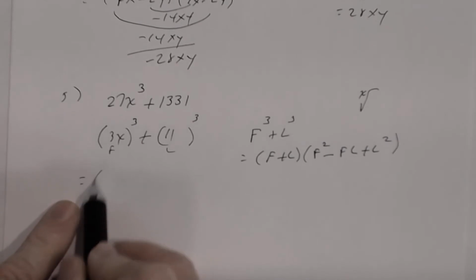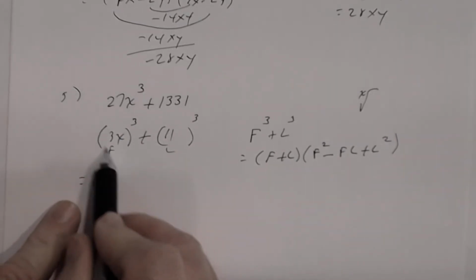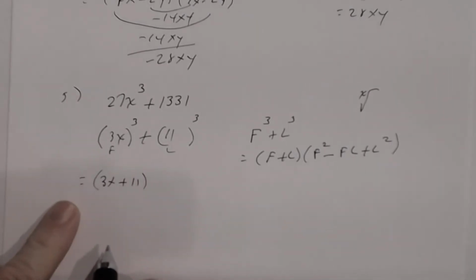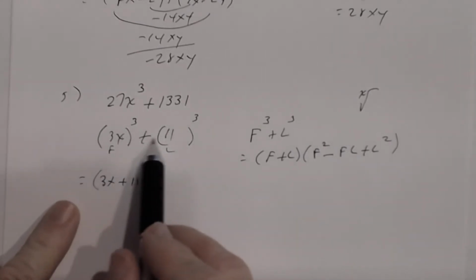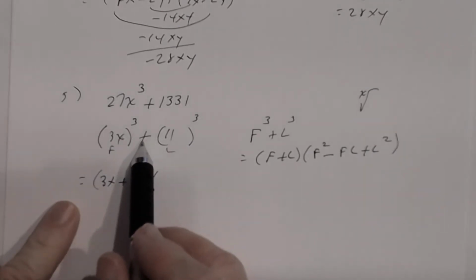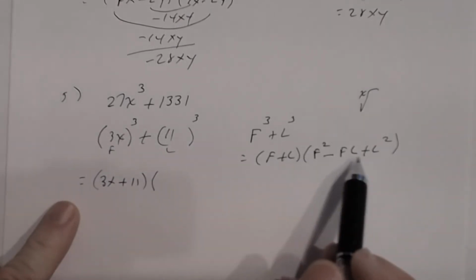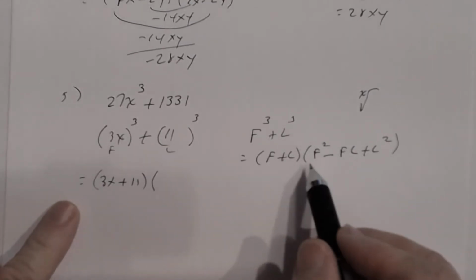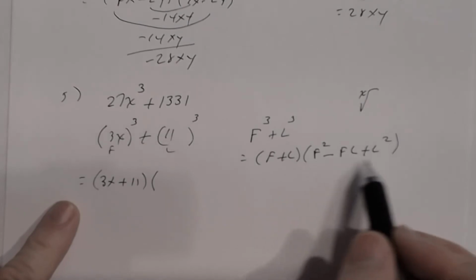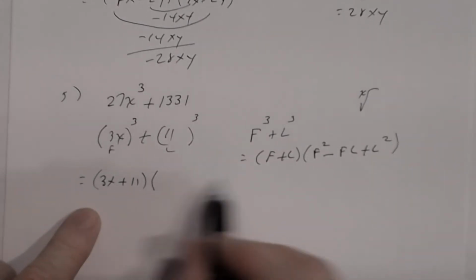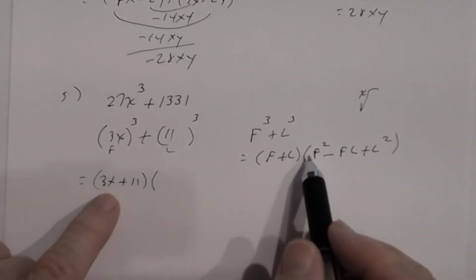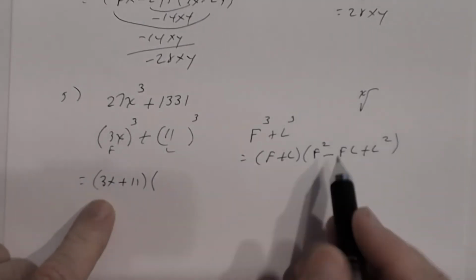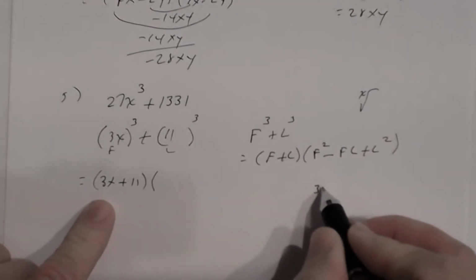So the answer then will be F plus L, so that's 3x plus 11. So there's my binomial. Remember, the sum of 2 cubes is always a binomial times a trinomial. And if you're doing this correctly, that trinomial should not be factorable. Just don't try and factor it. You're done. Okay, so then the first term of the trinomial is where you take that 3x and you square it.